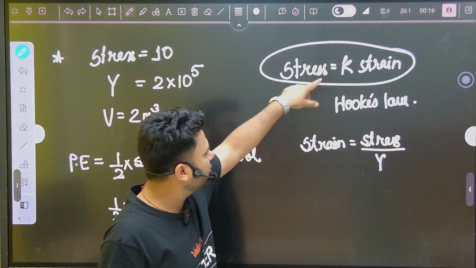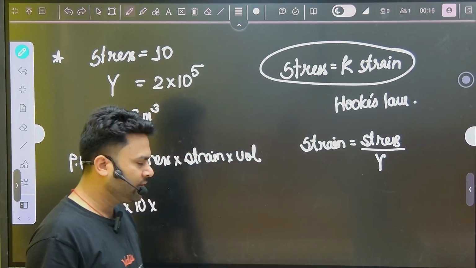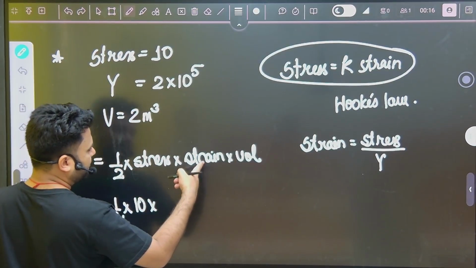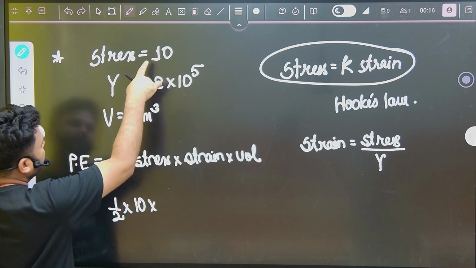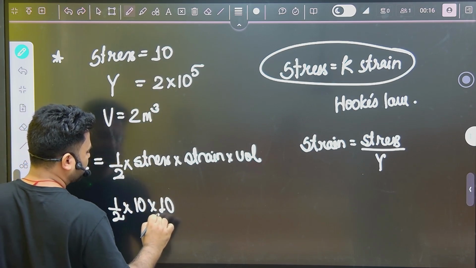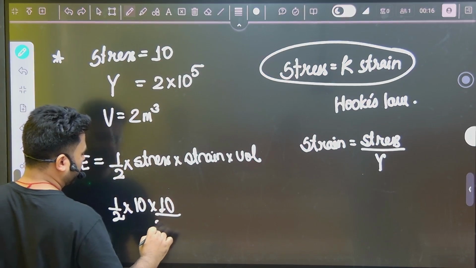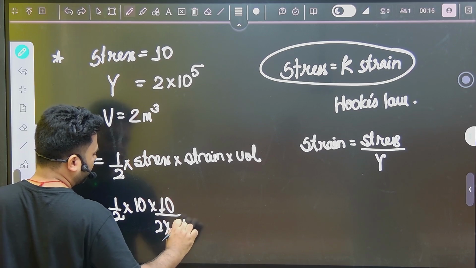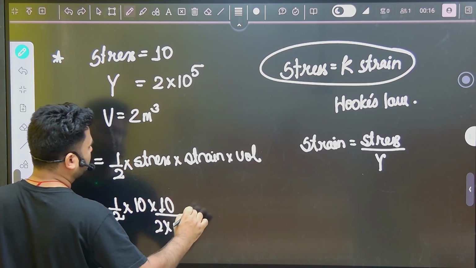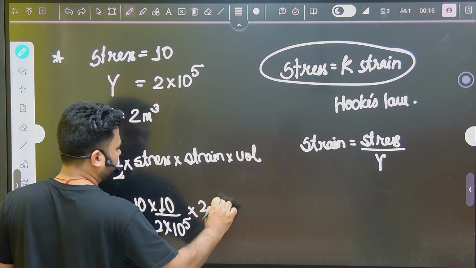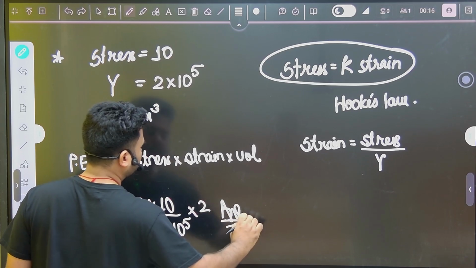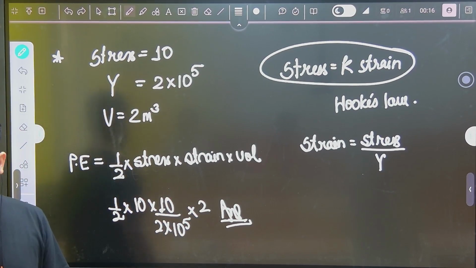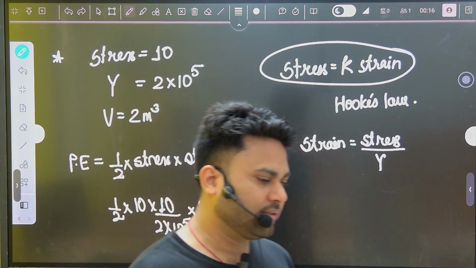Strain equals stress divided by the constant. Stress is 10 divided by this constant, that is 2 into 10 power 5, multiplied by volume. Volume they have given 2. So this will be the answer. Correct? This will be the correct answer.